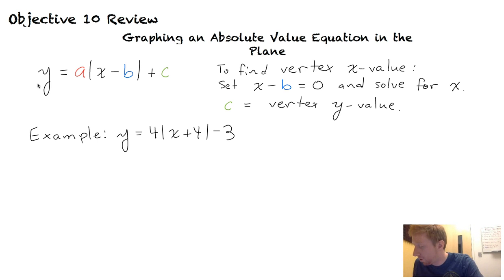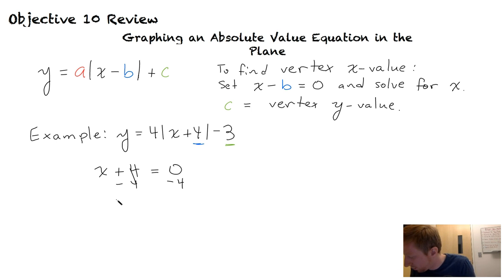So we need to find our vertex. First of all, we'll identify that 4 is b and 3 is c. We will set x plus 4 equal to 0 and then solve for x. So if we set x plus 4 equals 0, we'll subtract 4 on both sides, and the result will be x equals negative 4.